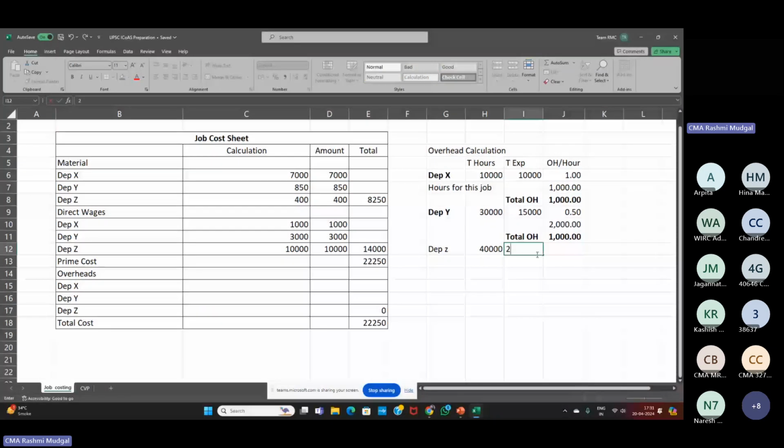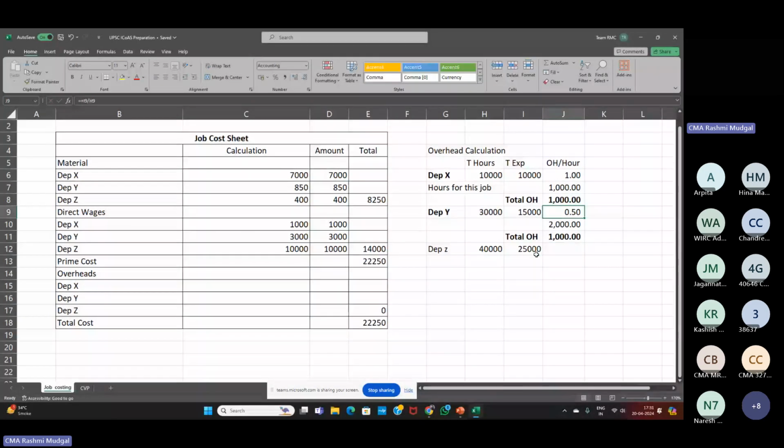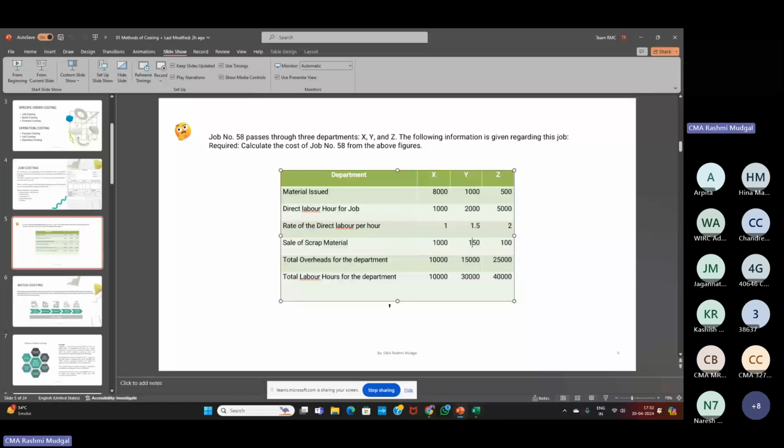So by this we can calculate the overhead per hour. Now the overhead is 25,000, sorry, and the hours we have spent are 40,000. In this same department, the job has taken 5,000 hours.